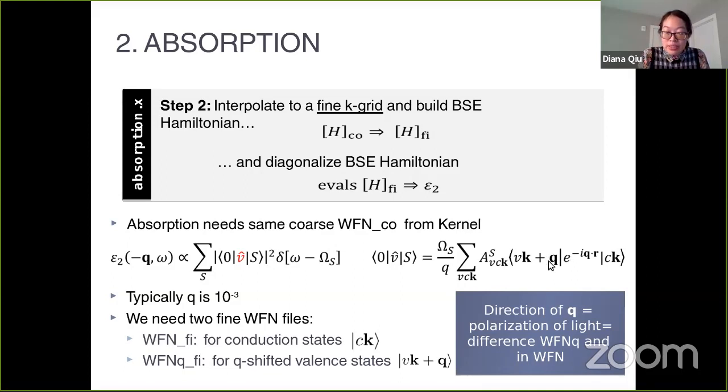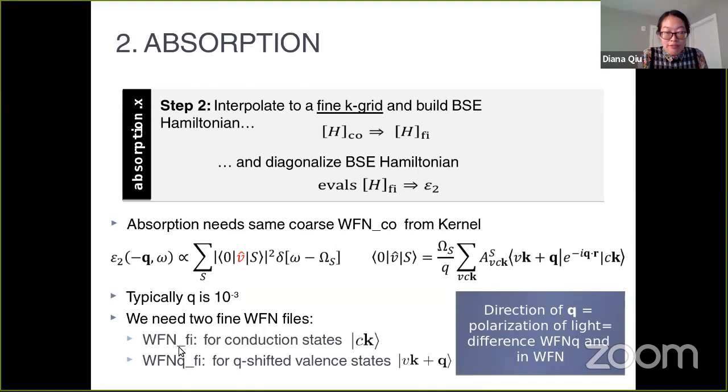So we're just going to use an arbitrary, very small Q for this Q here. And typically we use a value that's 10 to the negative third. So then we need to know the valence states at this K plus this very small Q, and the conduction states at K. So to do that, again, we're going to use two different wave functions.